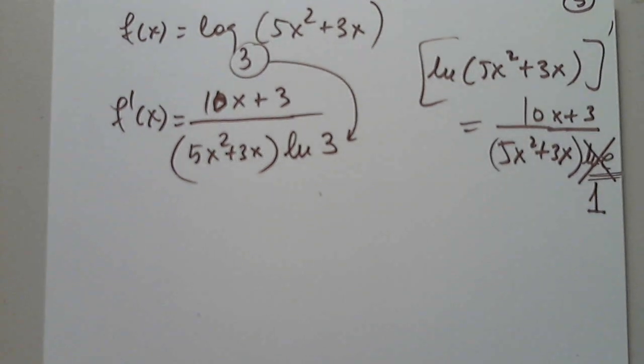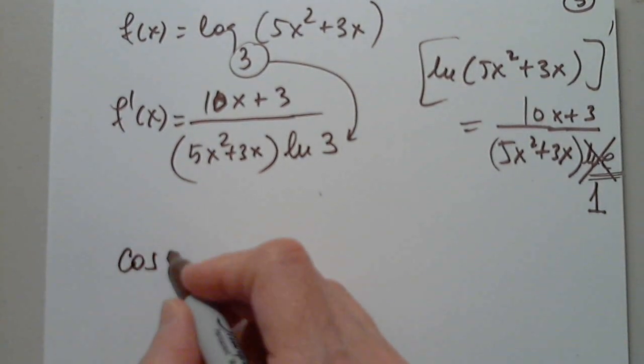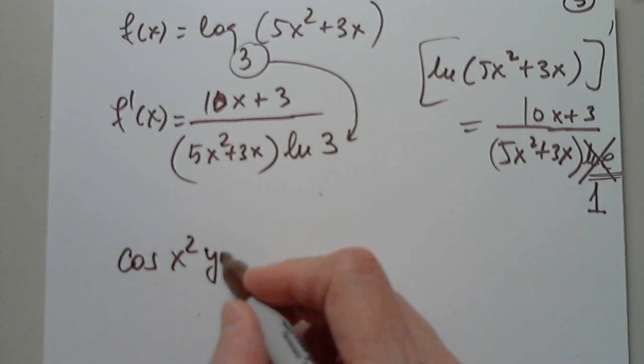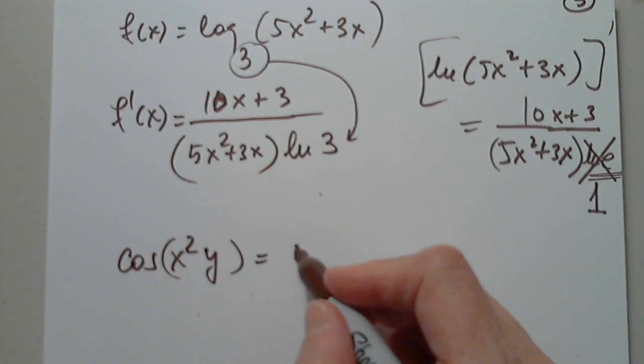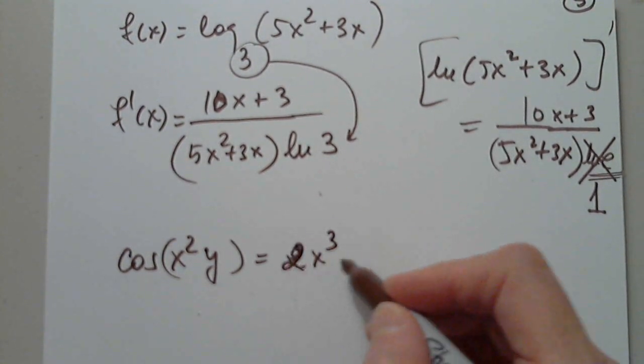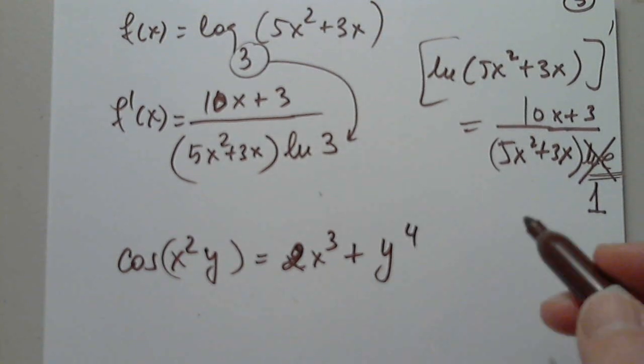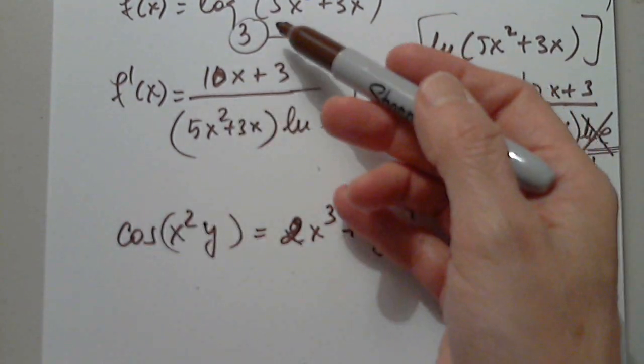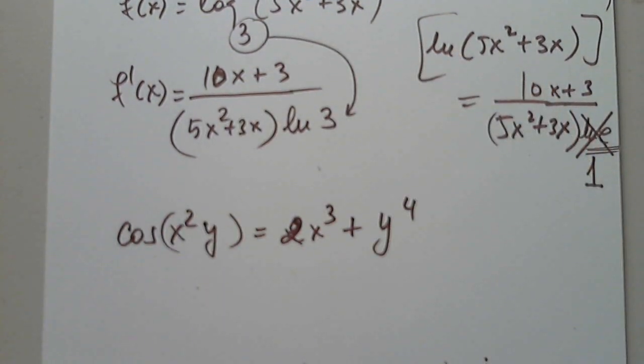What about implicit differentiation, like cosine x squared y equals 2x to the third plus y to the fourth? Do you have any questions on the previous problem?